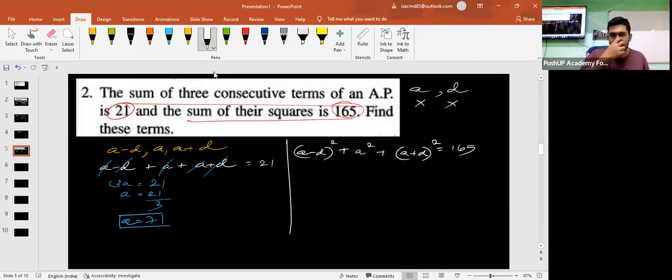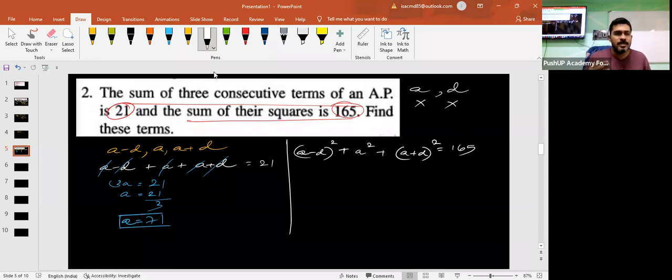Their squares means the squares of these 3 numbers. Which 3 numbers? A minus D, A and A plus D. So when you take the sum of their squares, how will you write the equation? (A minus D) whole square plus A square plus (A plus D) whole square.